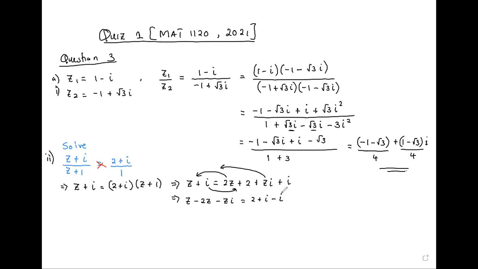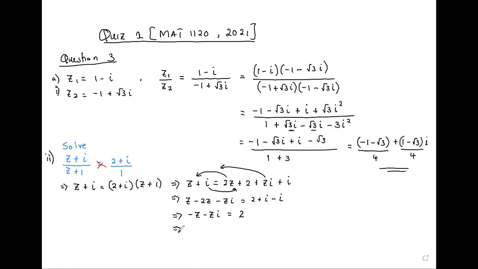The I on the left goes there as minus. So that we get Z minus 2Z, we have minus Z, then minus ZI is equal to 2, because I minus I there will give us 0.